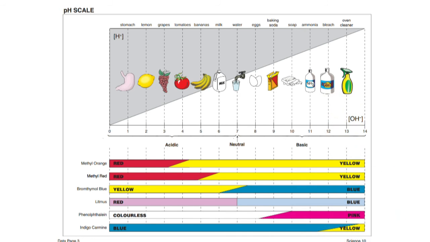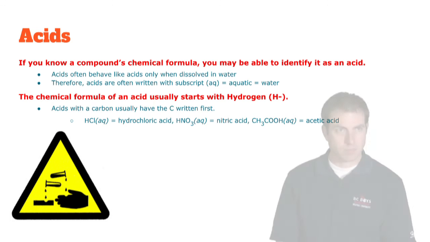So methyl orange, methyl red, bromothymol blue, litmus paper, phenolphthalein, and indigo carmine. These are the most common indicators. So how we use this chart is you find the thing that you want to look up the pH of, and then you can see what color it changes depending on where it falls on the chart.